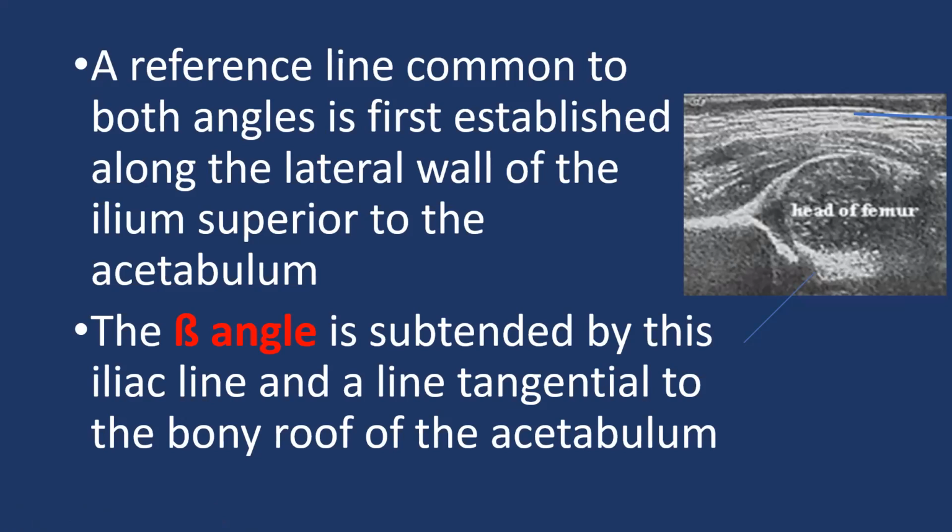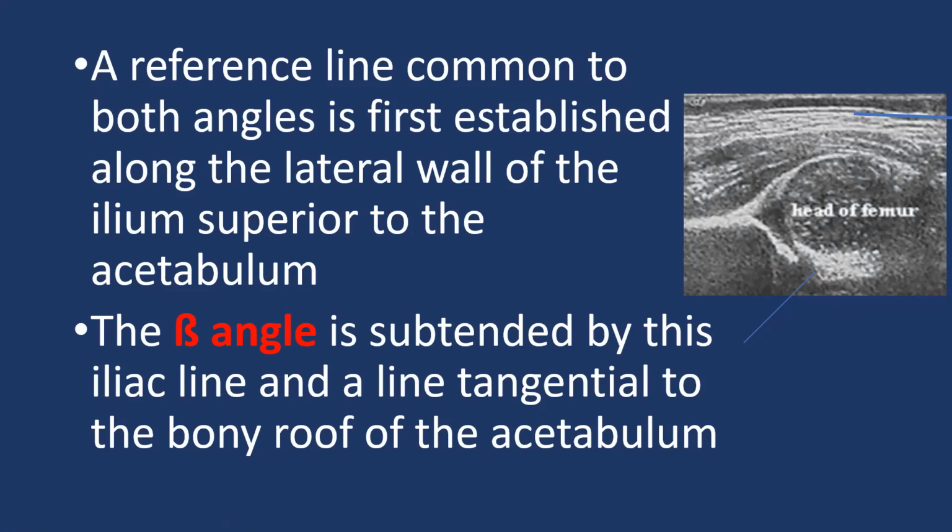The lower line is the lower. So this is the reference line through the iliac line. You measure this angle between this and the tangent to this, and this line and the tangent to over here. So it gives you the beta angle and the alpha angle.